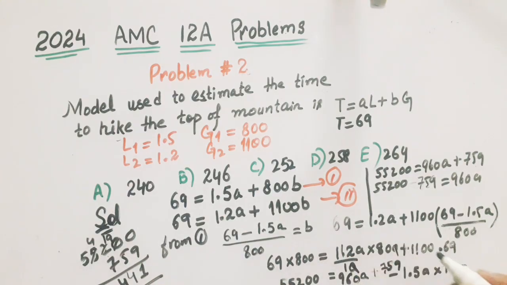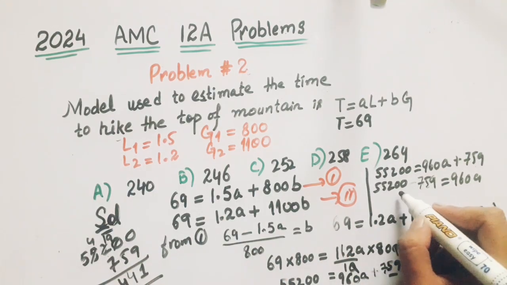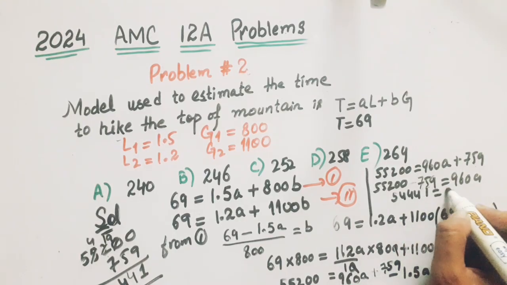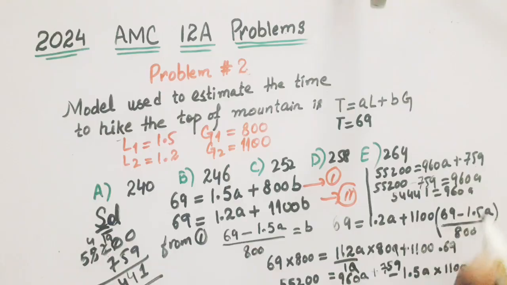So it will become 54 hundred-something equals 960A. Now we will divide this.